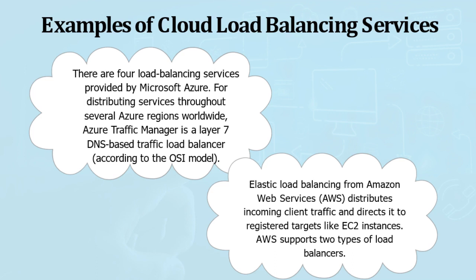A layer 4 network load balancer for relaying traffic across VMs is Azure Load Balancer. A layer 7 delivery controller for regional applications is Azure Application Gateway. And the second one is Elastic Load Balancing from Amazon Web Services, which distributes incoming client traffic and directs it to registered targets like EC2 instances.